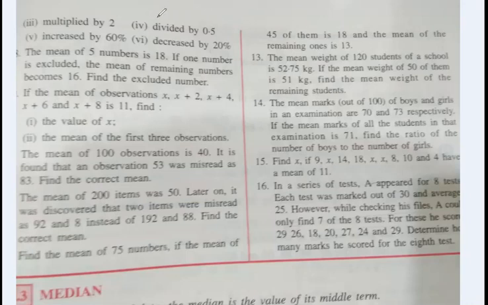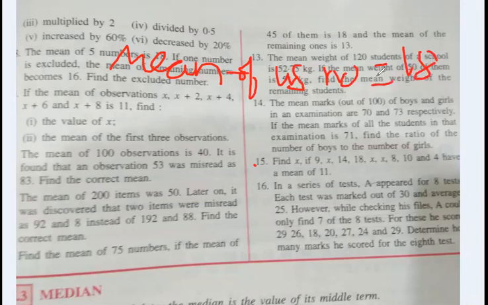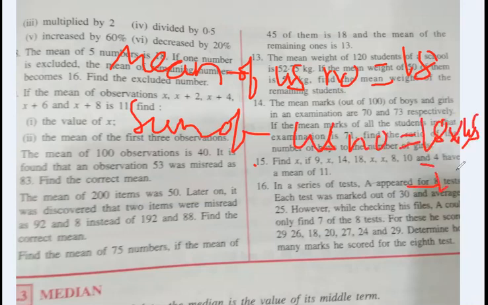So mean of 45 numbers is equal to 18. Sum of 45 numbers is equal to 18 into 45 is equal to 810.